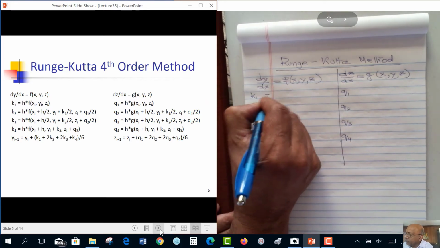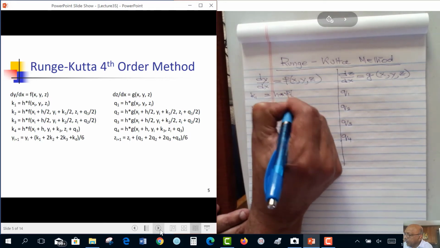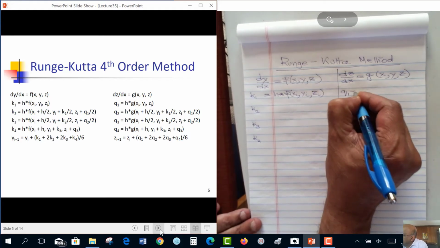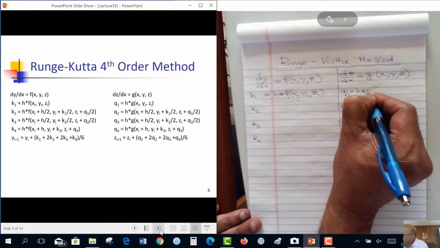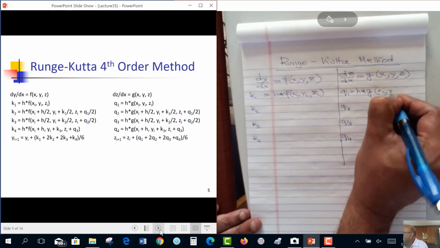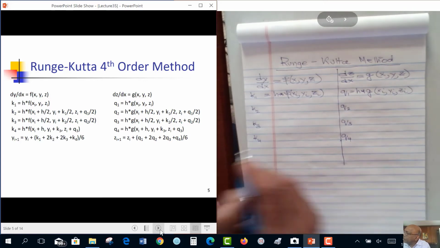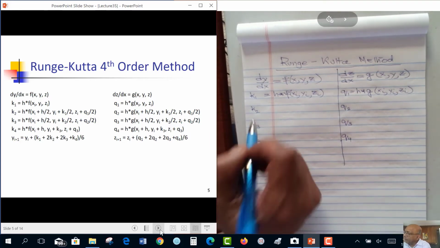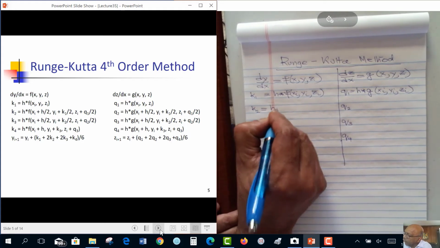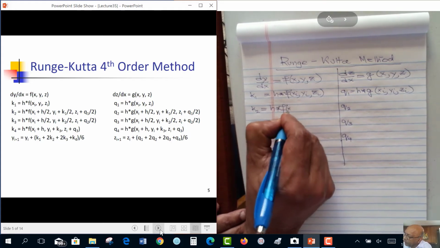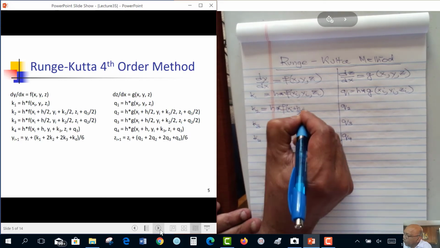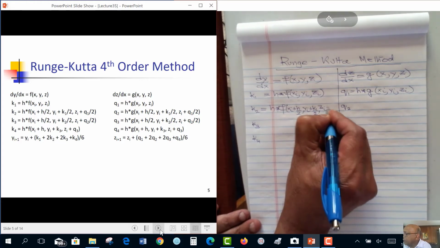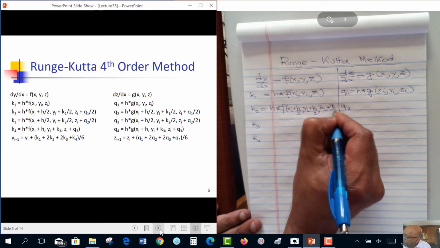So k1 was h times function at xi, yi, and of course we'll add zi. So similarly, q1 is h times function g at xi, yi, zi. So you'll see all we'll do is keep the same arguments in both places. The function would be different. So k2 will become h times function at xi plus h over 2, yi plus k1 over 2, and zi plus q1 over 2.